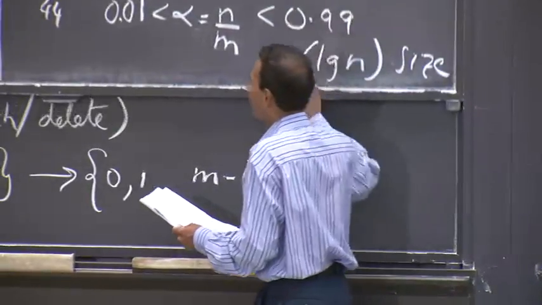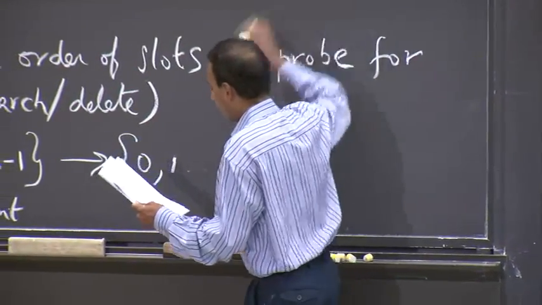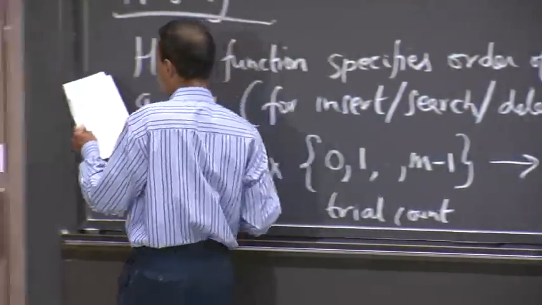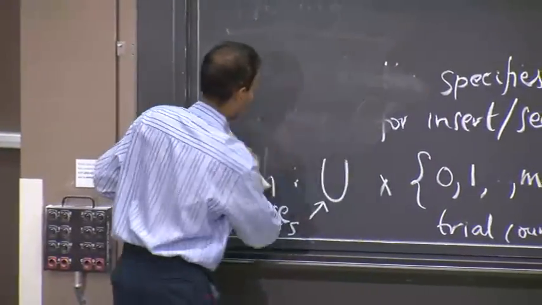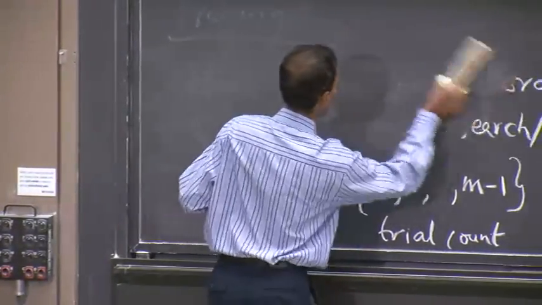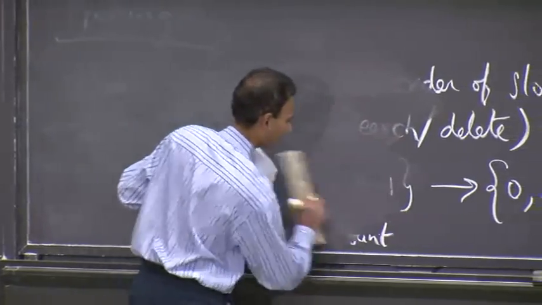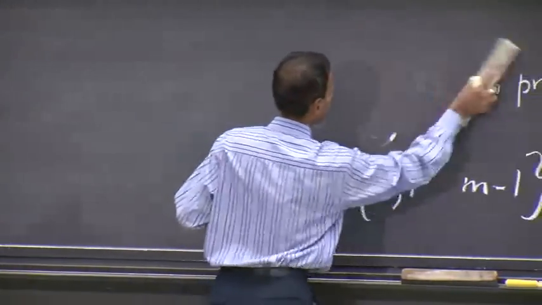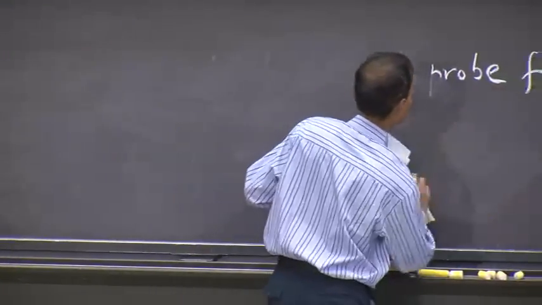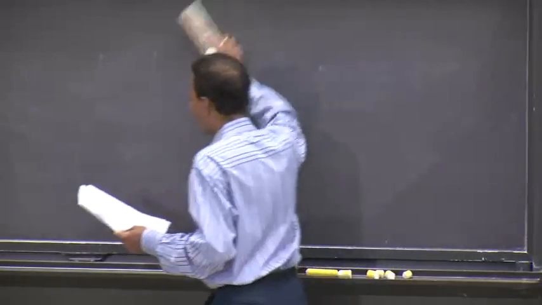Well, one strategy that works reasonably well is called double hashing. And it literally means what it says. You have to run a couple of hashes.